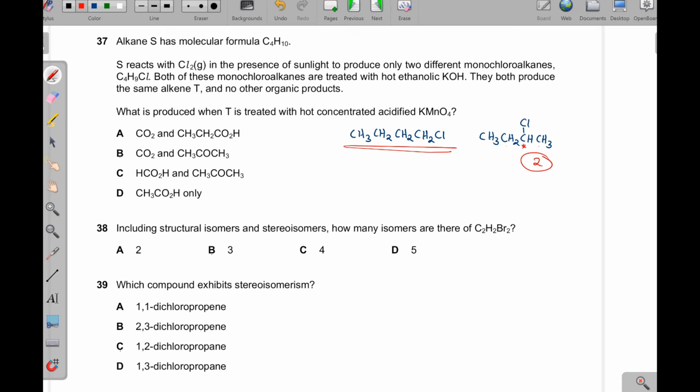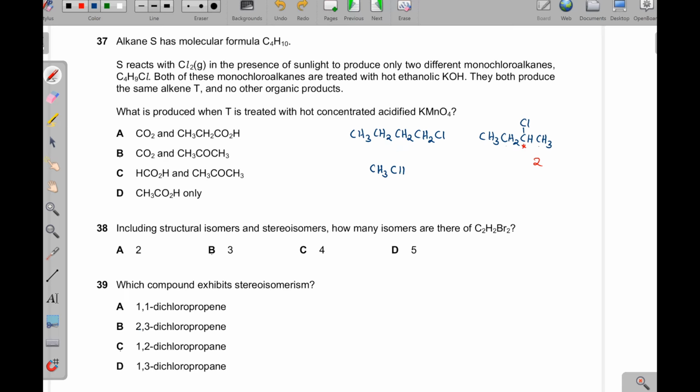Now, those are 3, but here they say 2 different monochloroalkanes. That means we are not going to have these ones here. But we can also have another one. You see what is going to happen. Suppose I get CH3, then CH, and then I put the chlorine there.